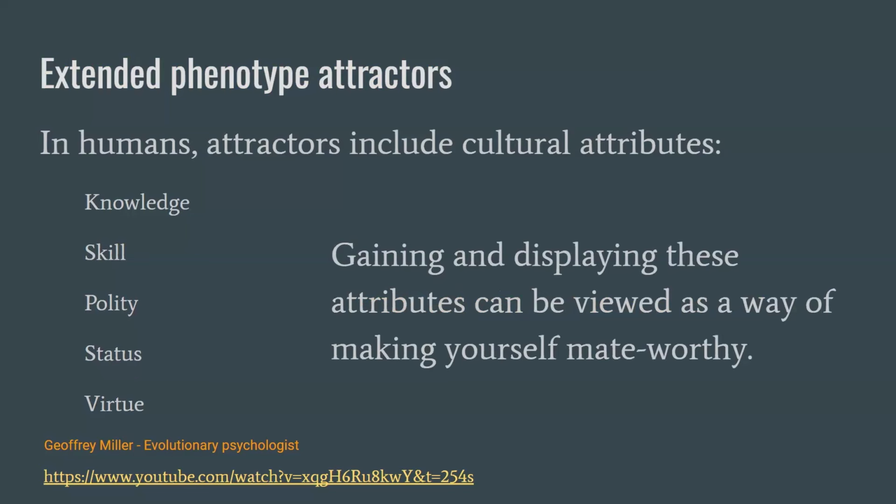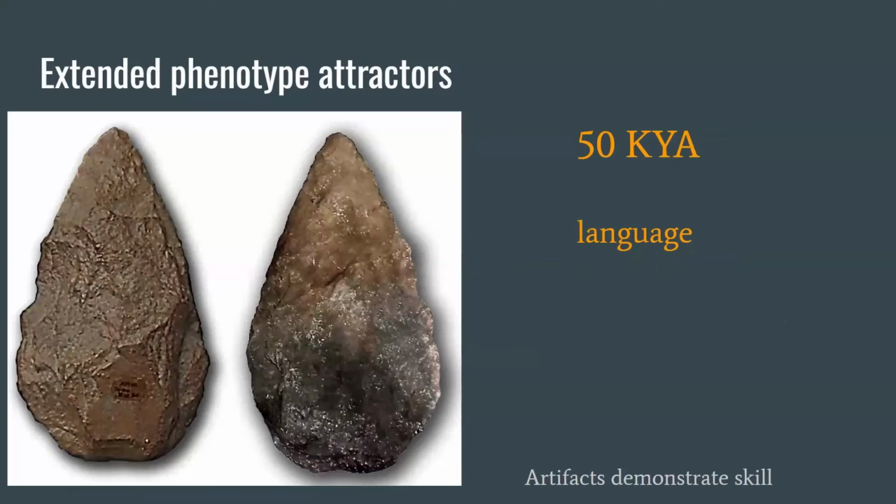And if you have those attributes and you display them, and you meet somebody who is looking for those attributes and finds them attractive, that's going to be a successful combination for having better viability in current and future generations of your offspring, and passing on your genes, and passing on both the attraction and the attractiveness.